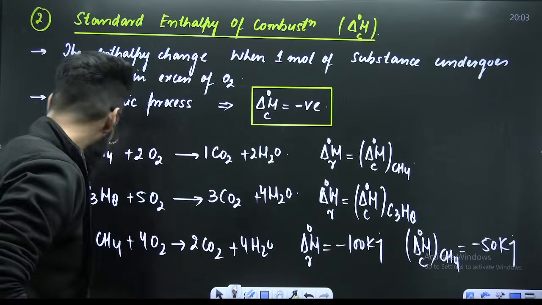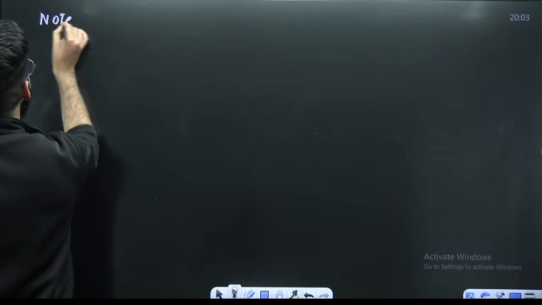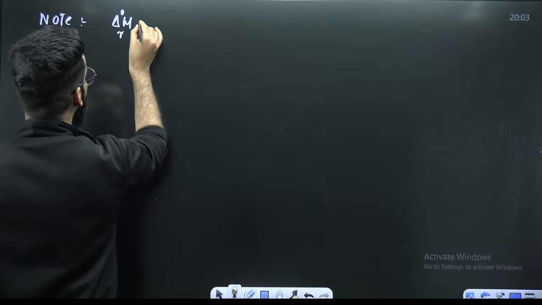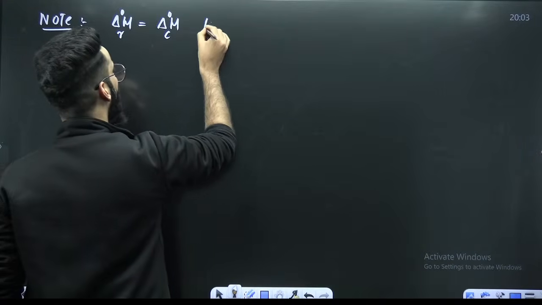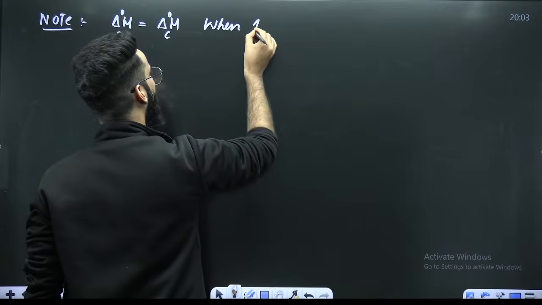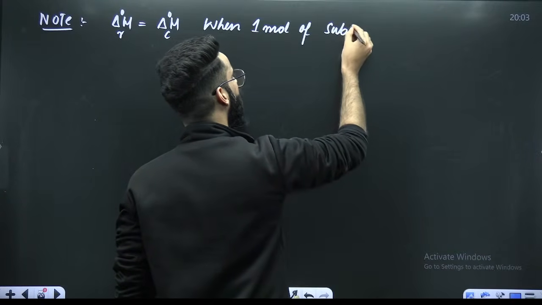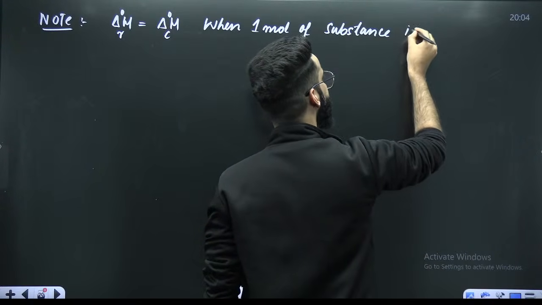So can I generalize a statement? Can I say the enthalpy of the reaction will only be called the enthalpy of combustion when 1 mole of substance will be undergoing combustion?